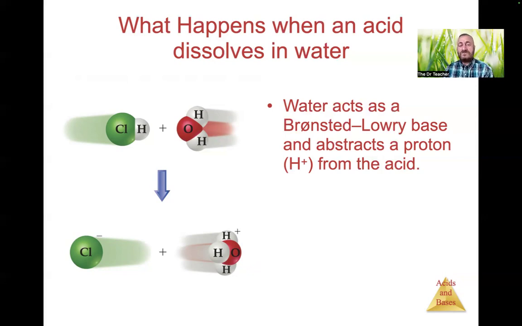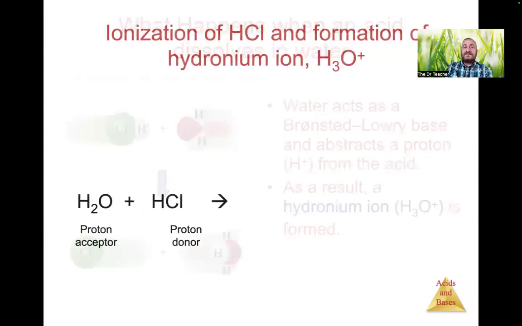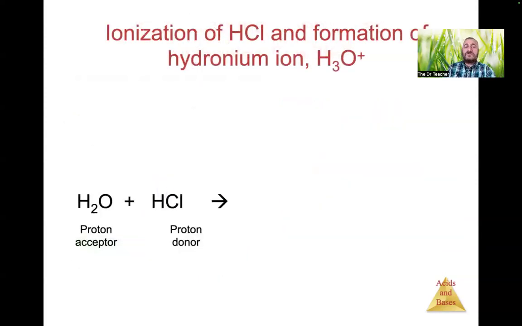Chlorine gained one electron, and the hydrogen lost one electron, so it becomes hydrogen plus. As we said in chemistry, hydrogen plus means lost electron. So water acts as a Brønsted-Lowry base. Why? Because of HCl, and it abstracts a proton from the acid, whereas hydronium is formed, H3O plus, from the ionization of HCl.